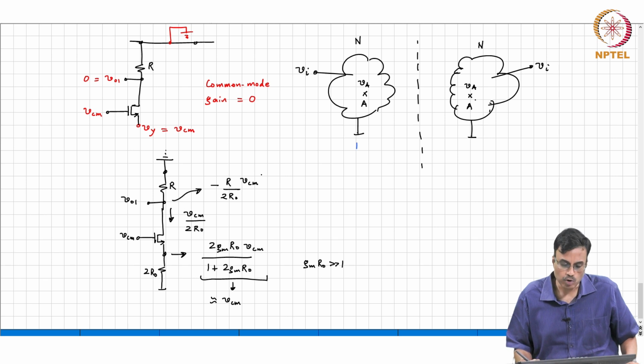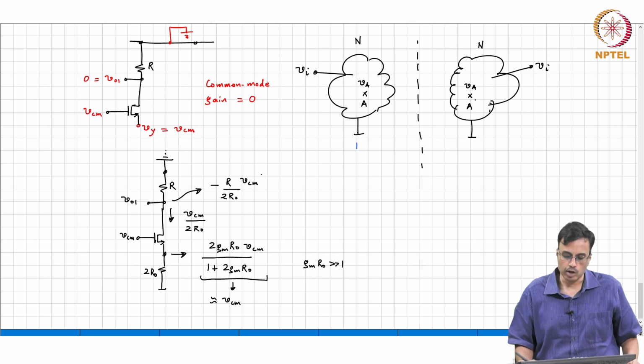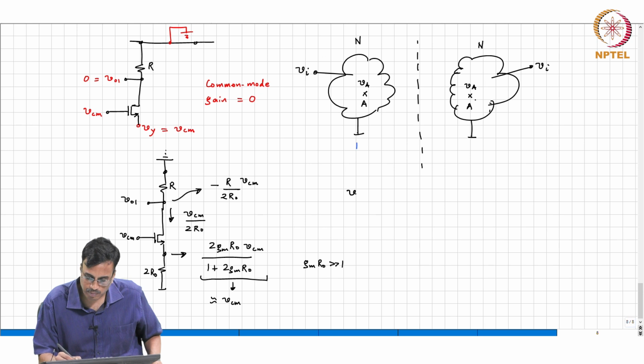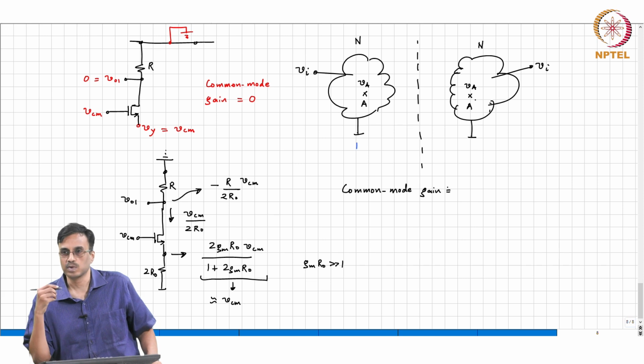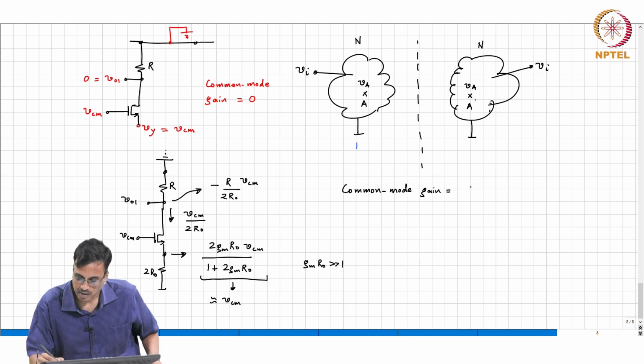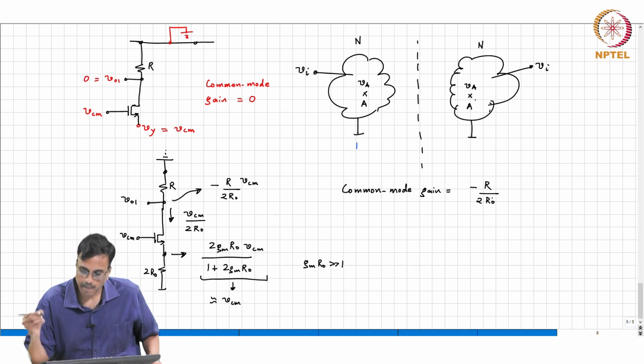So, the common mode gain in practice, which is ideally supposed to be 0, will now be minus R by 2 R naught. And recall, what is the differential mode gain?